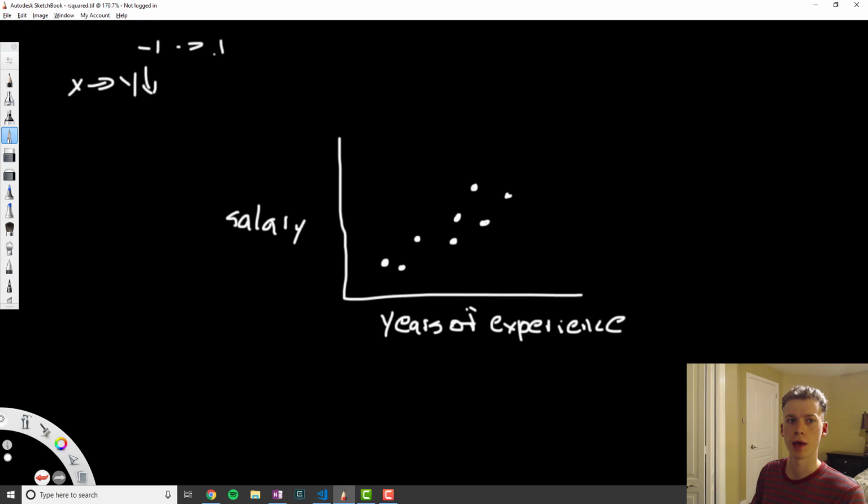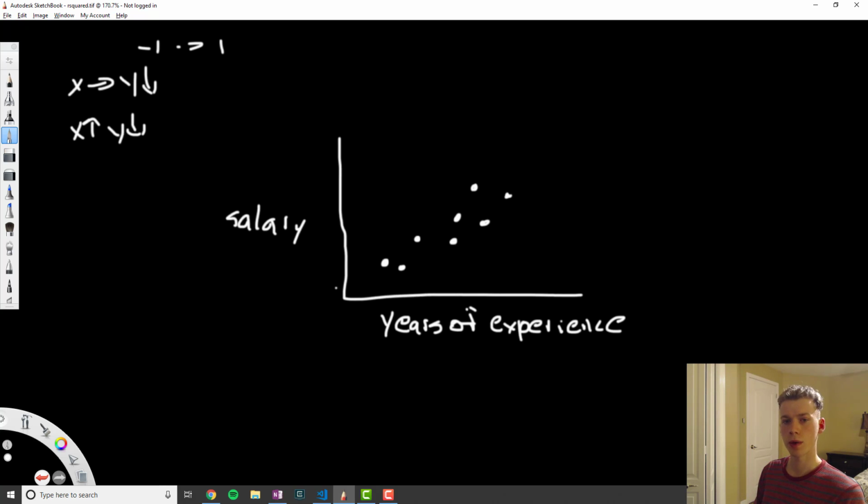And if you have a correlation of 1, then when the value of x increases, the value of y will increase. And if you have a correlation of 0, it means that x and y are unrelated. So it doesn't really matter what value you have for x. Y will be independent, so it could be whatever it wants.